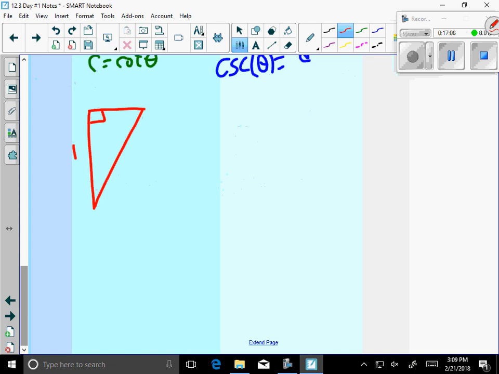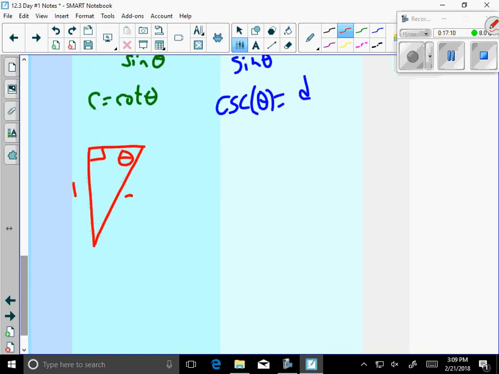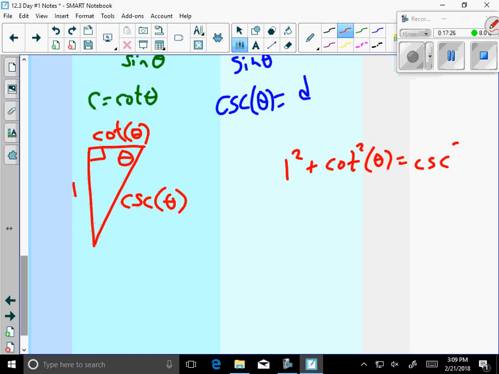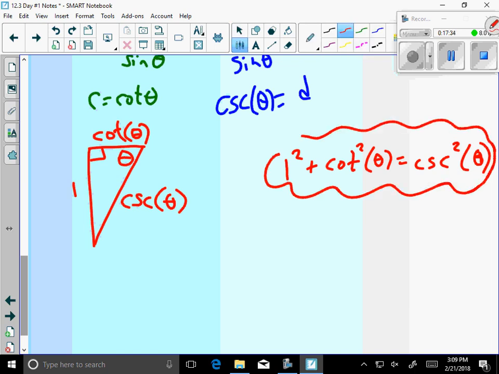This was 1. This is theta. D was cosecant theta. And C was cotangent theta. So by Pythagorean theorem, 1 squared plus cotan squared equals cosecant squared theta.